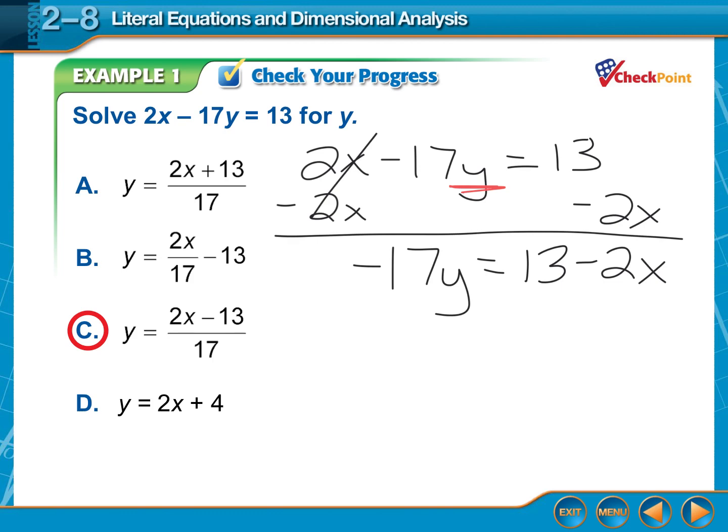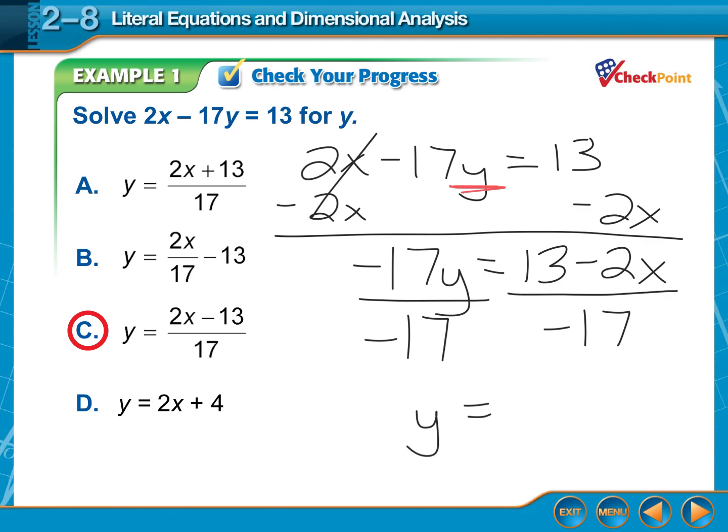And then what's our last step to get y by itself? Yep. Divide by negative 17. Since it's a negative, what do we need to do to the top? We've got to switch the signs on the top.